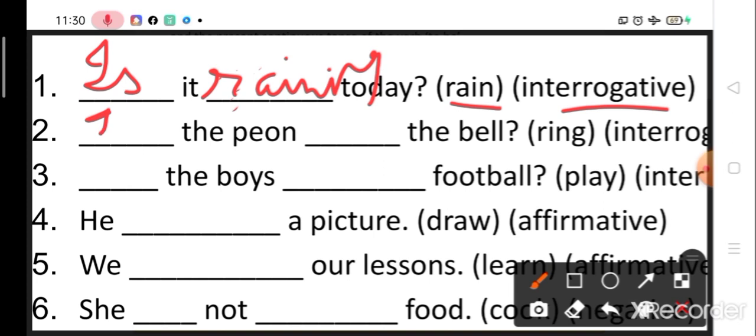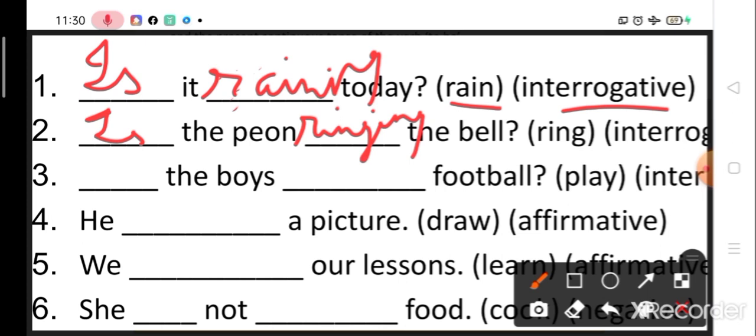Is the peon ringing the bell? Now the third sentence says dash the boys dash football.